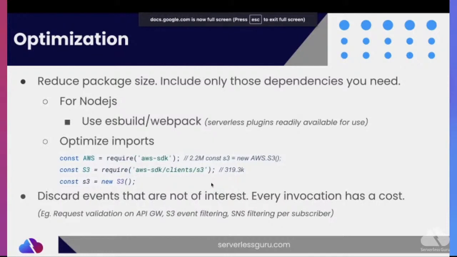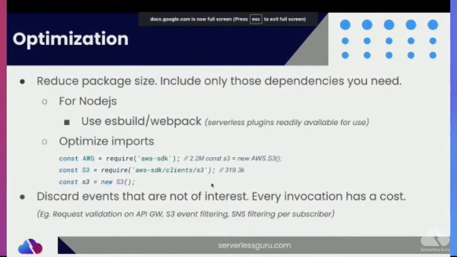For that purpose, you can assign a suffix to the S3 invocation setting, wherein you invoke the function only if it's a .jpeg extension. Likewise, with other serverless resources like SNS, you also have the ability to ensure that a particular subscriber is only processing events when it meets a certain criteria. So every invocation does have a cost, and if you can bring down the number of invocations, you save money as well.